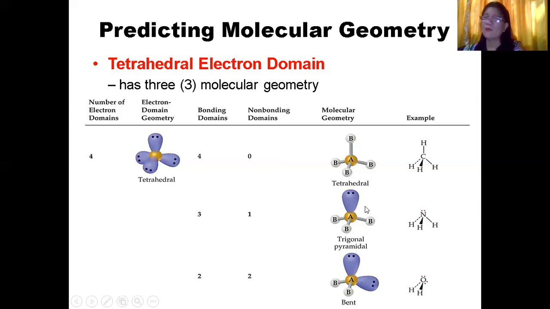So the lone pair repels so much that the geometry of your molecule will be tetrahedral. It doesn't mean it must have 4 or 5 sides. No, it's not. As long as there is a lone pair, it repels.